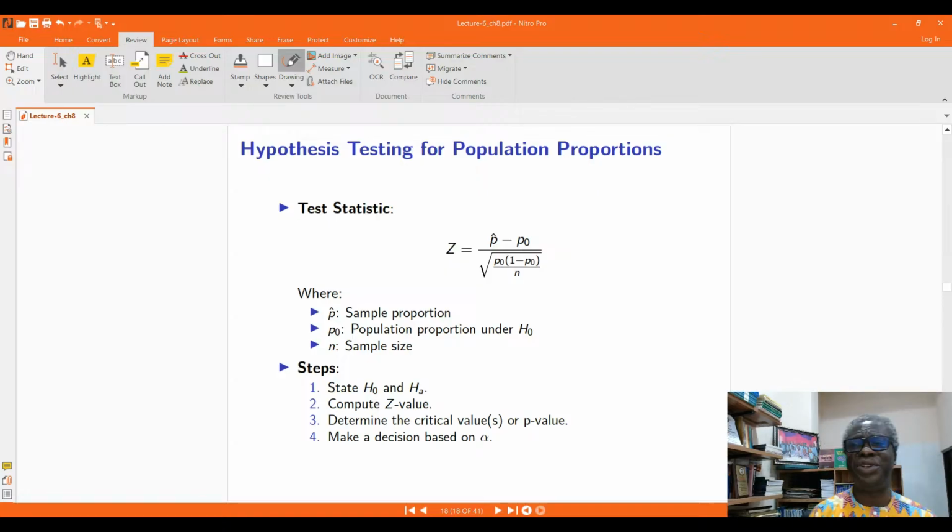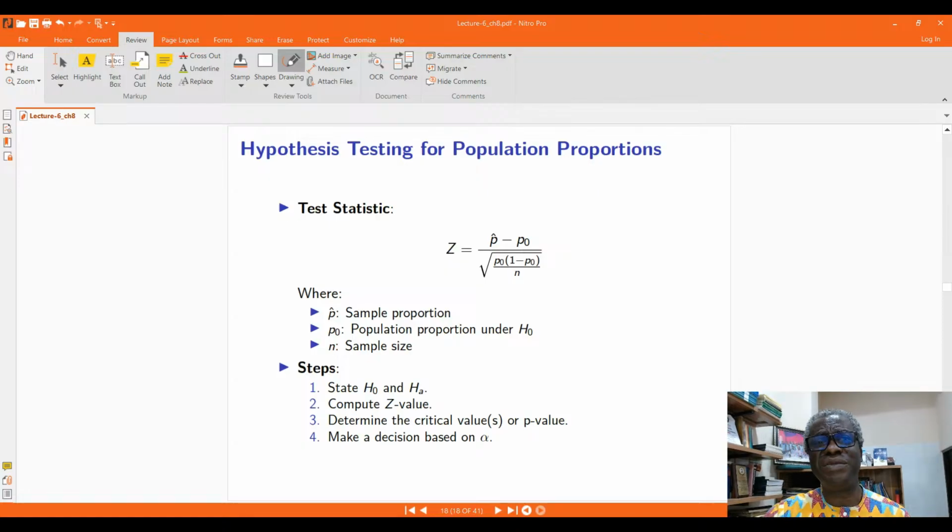How then do we also go about hypothesis testing for population proportion? I said earlier that the formula for the Z statistic will vary depending on whether you are dealing with mean, or proportion, or difference of means, or difference of proportions.